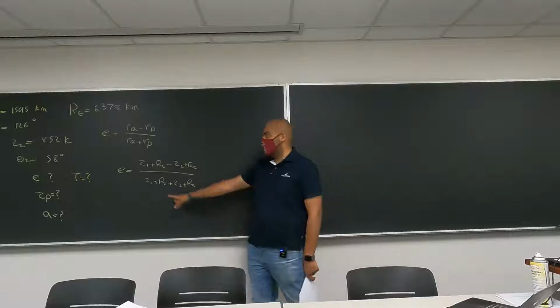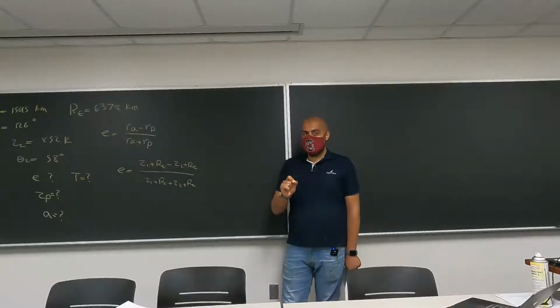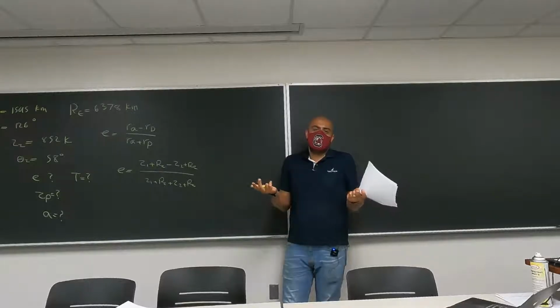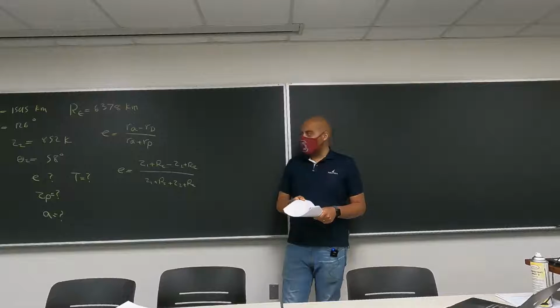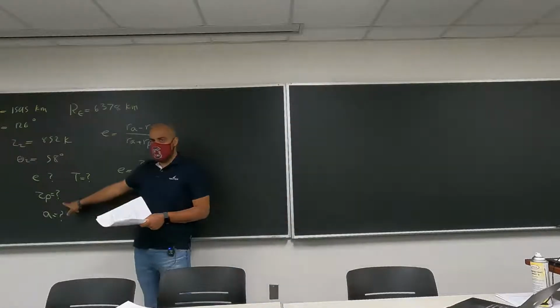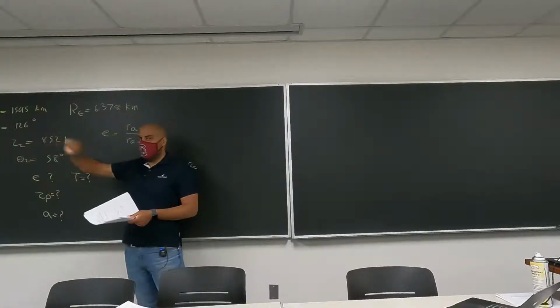Because Z1 and Z2 are not the altitudes of perigee and apogee. They may be, but we are not told that they are. And actually, we are asked to find the altitude of perigee, which should have given you the clue, telling you that these two are not those altitudes.